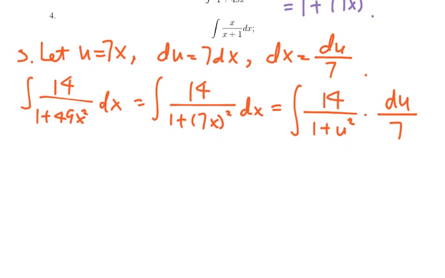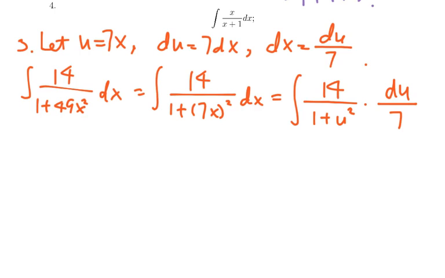Then we can do some cancellation of the numbers. We know that 14 and 7 have a common factor of 7, and 14 divided by 7 is 2.